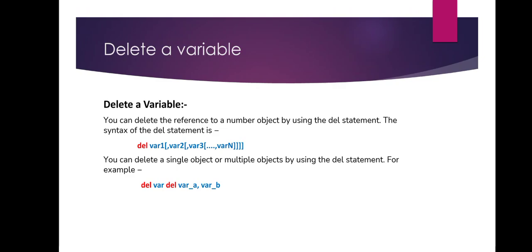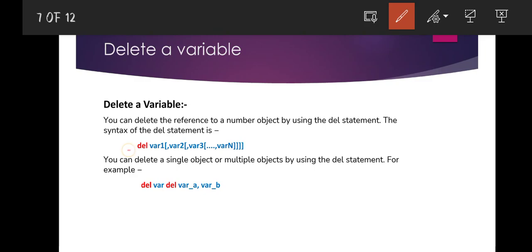You can delete a single object or multiple objects by using the del statement, for example del a or del a, b. Here we are using one variable deletion, and here two variables at a time. So this is the syntax.